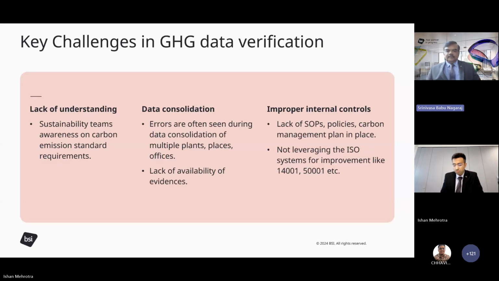And though there are policies and SOPs developed within the organization incorporating this data verification and data collection process, especially from a GST accounting point of view, that needs to be strengthened a little.